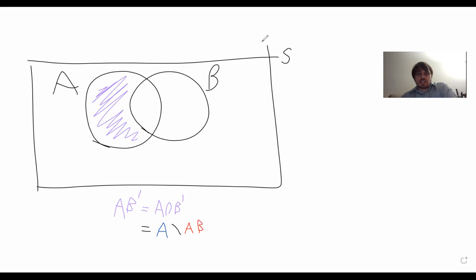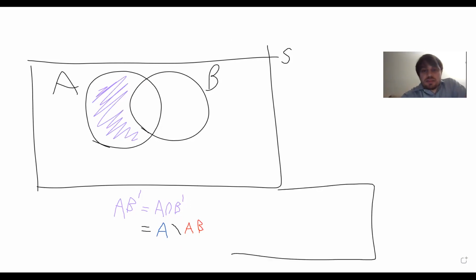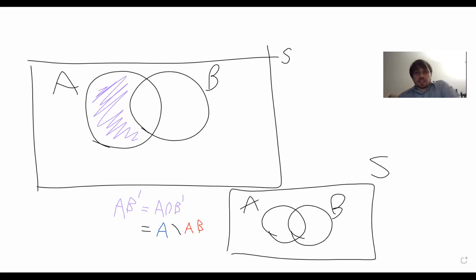Okay, so if you look at the Venn diagram for this, you would have the Venn diagram S, you would have the set A, you would have the set B, and A is all of this, right? This is A, but then AB is the red part here, that's AB. So if you take the blue region, which is all of A, and you subtract AB, which is only this, you get AB prime.